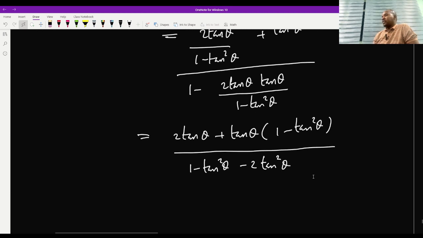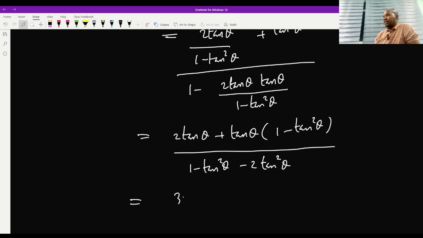So as you can see, the expression here, 2 tan theta plus tan theta will be 3 tan theta, then minus tan cubic theta, divided by 1 minus 3 tan squared theta.